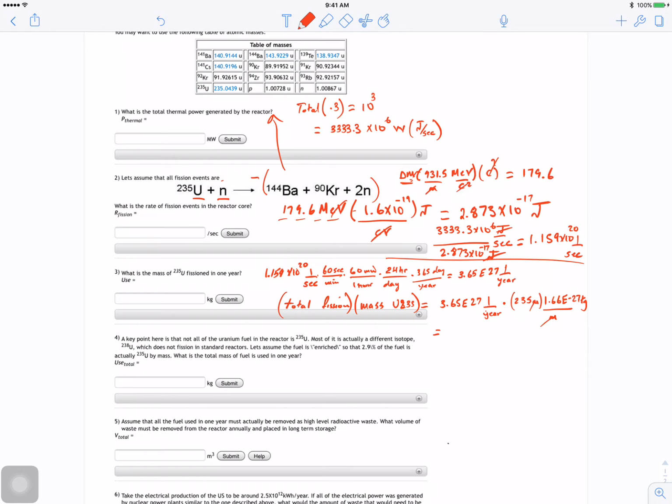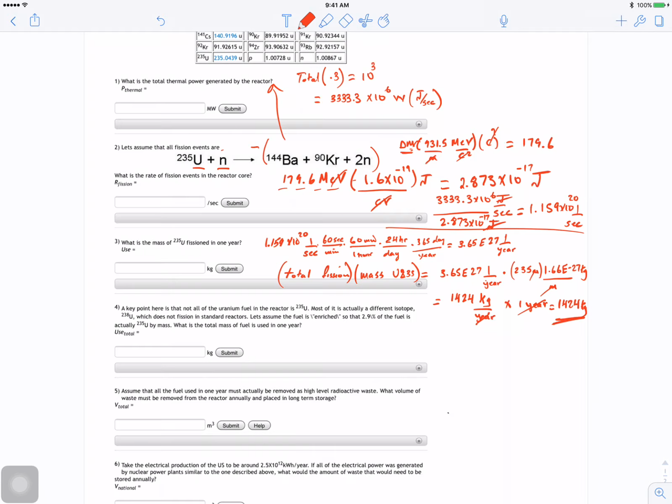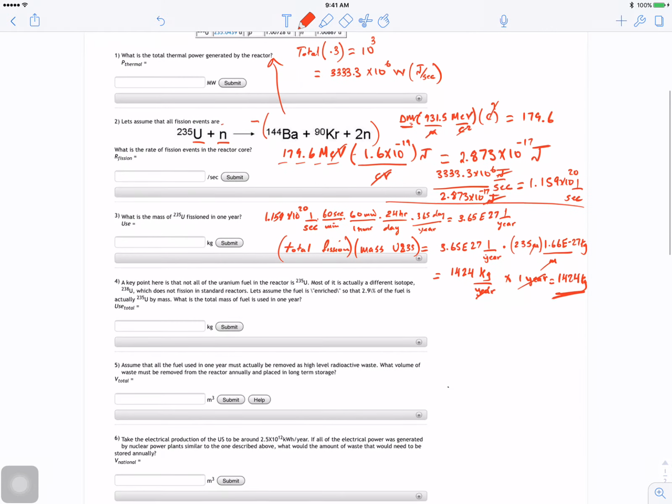The result is 1424 kilograms per year, and they want the amount per year, so multiply it by 1 year. Cancel, so we get 1424 kilograms of U-235.